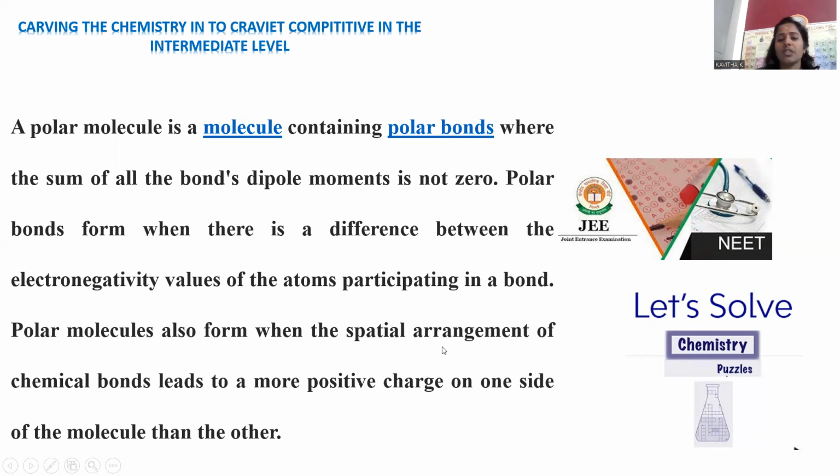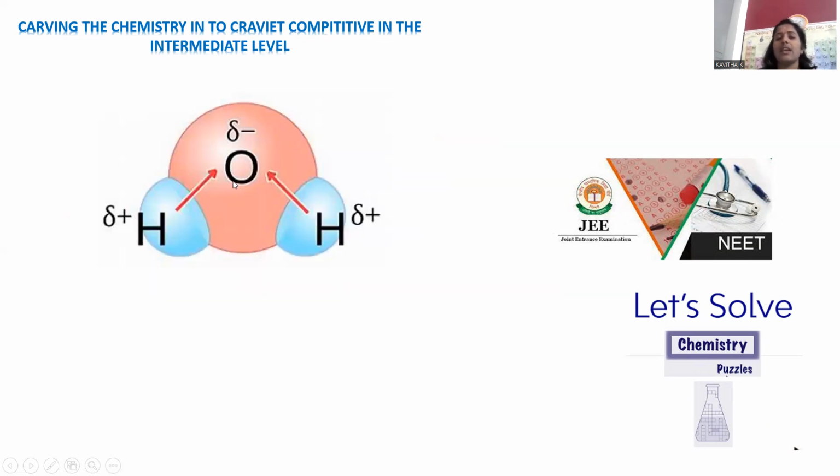A polar molecule also forms a spatial arrangement of chemical bonds, with more positive charge on one side and more negative charge on the other side. This is simply explained with the water molecule. H2O is a polar molecule where hydrogens are less electronegative and oxygen is more electronegative. That's the reason why the shared pair of electrons is displaced towards oxygen. Hence, oxygen experiences more electron density, denoted with a partial negative charge, whereas hydrogens acquire partial positive charges. This is called a dipole. Generation of a positive pole and negative pole within the molecule is called a polar bond.